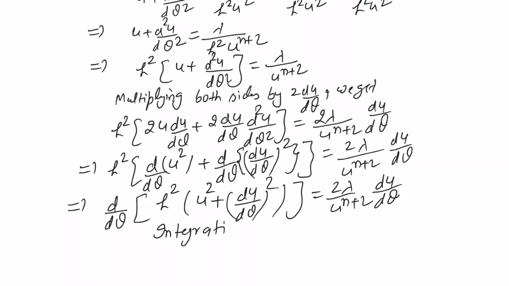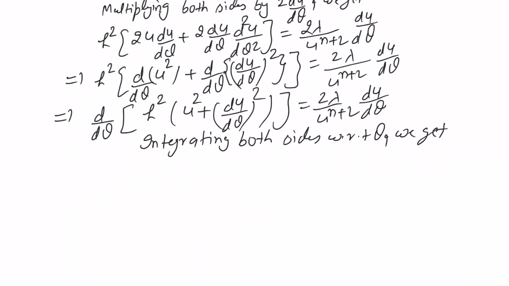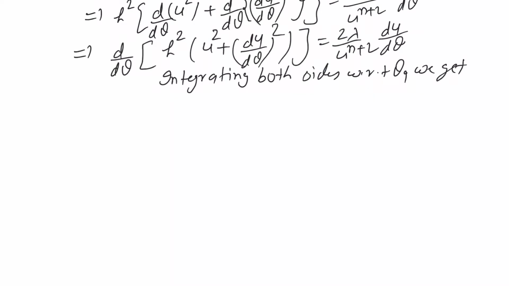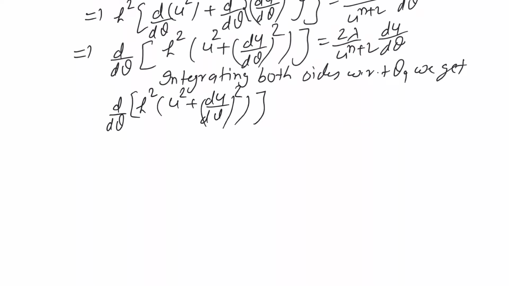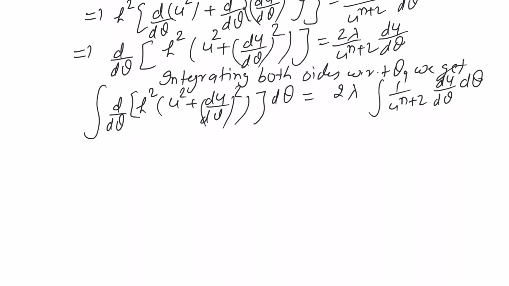Integrating both sides with respect to theta, we get the integral of d/dθ of h² (u² plus (du/dθ)²) dθ, and integration is with respect to theta. 2 lambda is a constant quantity, the integral of u^(n+2) du/dθ dθ. This dθ will vanish away, something like this is cancelling.